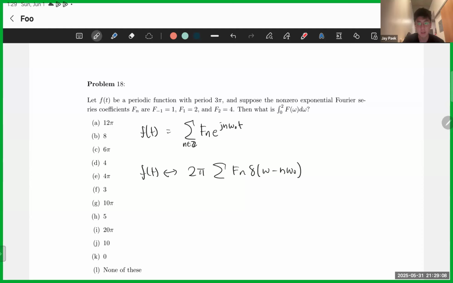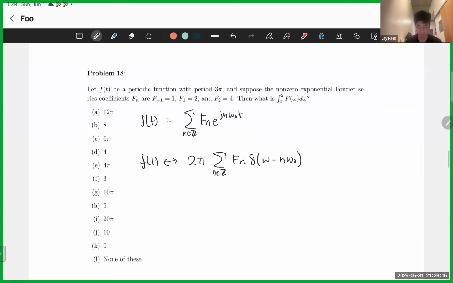Hopefully that is consistent with everyone. And this kind of relationship is directly adopted from the Fourier series.